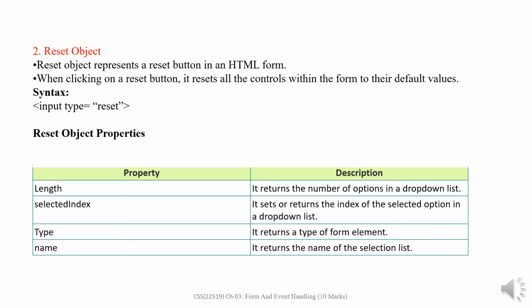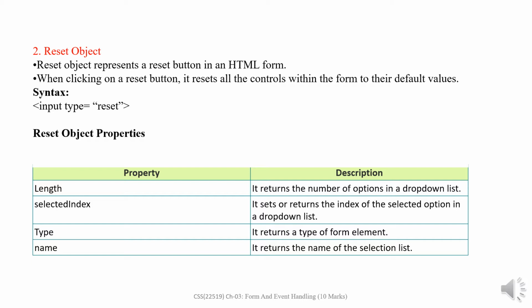Now second is the reset object. A reset object represents a reset button in an HTML form. When clicking on the reset button, it resets all the controls within the form to their default values. Syntax for this reset object is input type is equal to reset. These are the reset object properties.